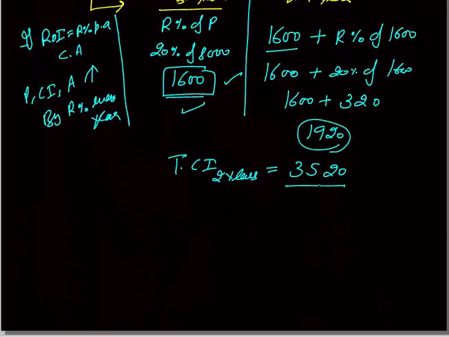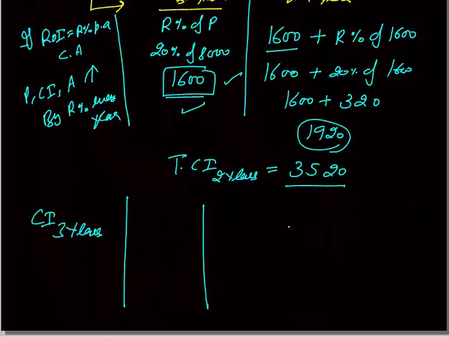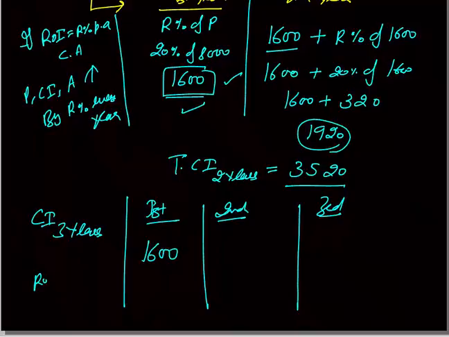Now in the same question, if you want to calculate the compound interest of 3 years, again I can calculate in less than 30-40 seconds. First year, second year, third year. Percentage should be strong. First year compound interest was 1600. You know that rate of interest is 20% per annum, compounding annually. So for the second year, 1600 increases by 20% of 1600, which we calculated as 1920.